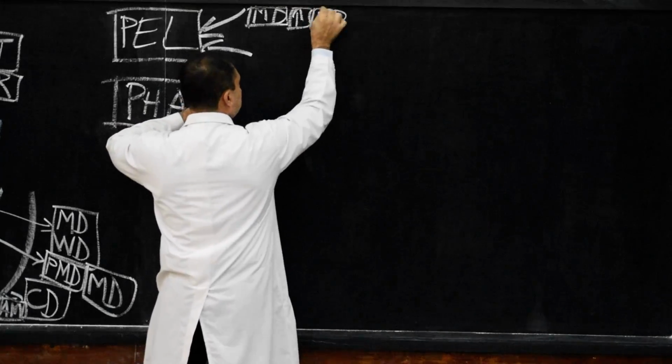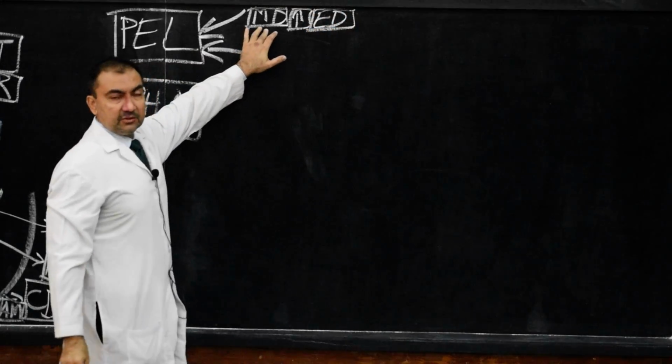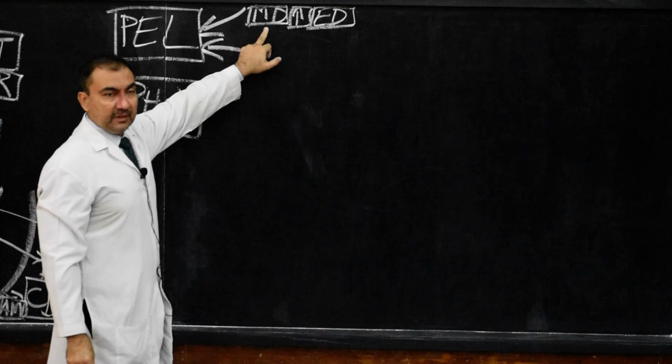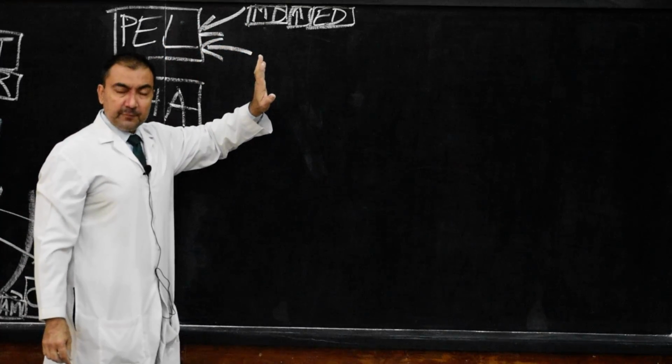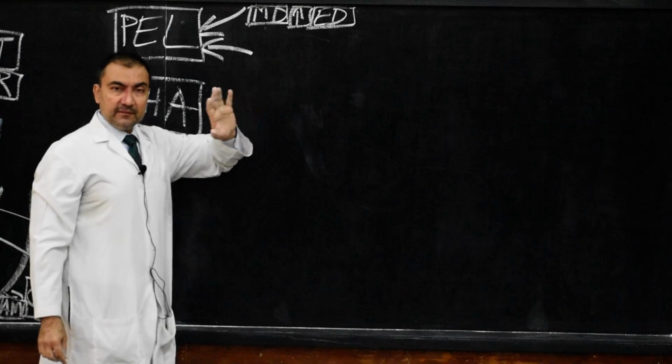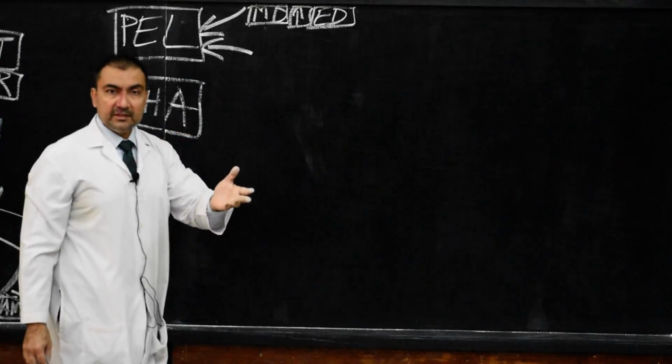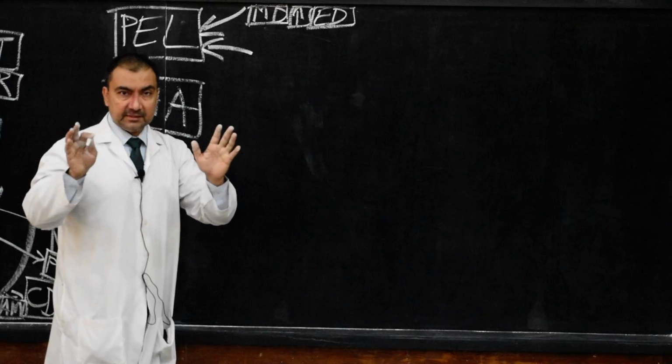In case of females, they will disappear. So the lower end of mesonephric ducts, when they open in the dorsal wall of pelvic portion of urogenital sinus, will develop into ejaculatory ducts in males. In females, they will disappear.